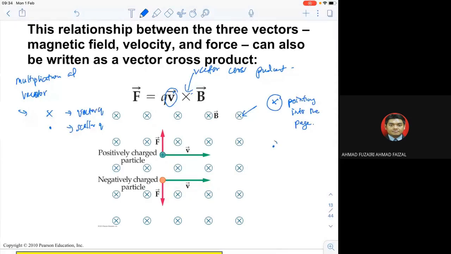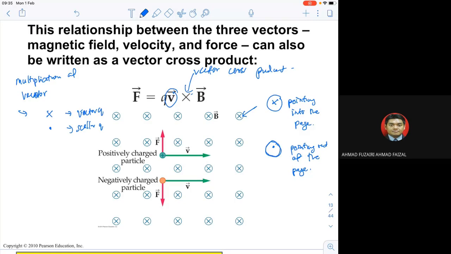This sign is pointing out of the page, and this one is pointing into the page.